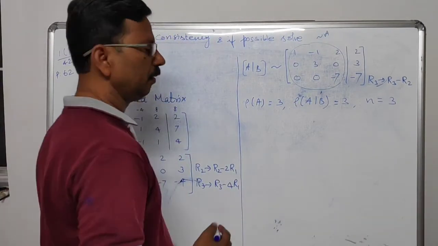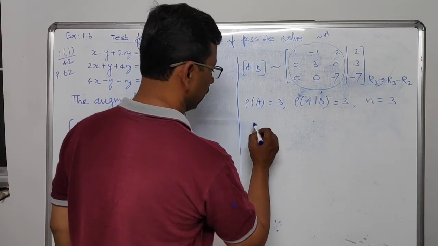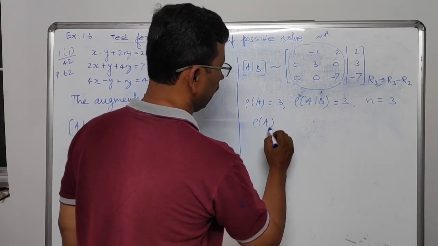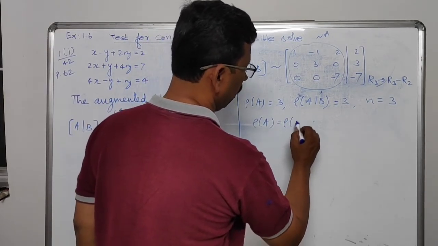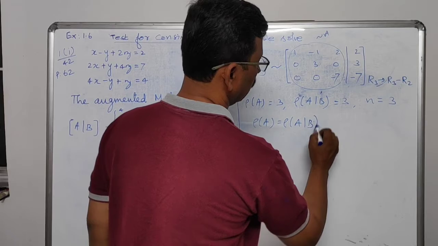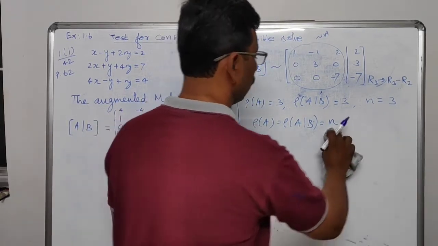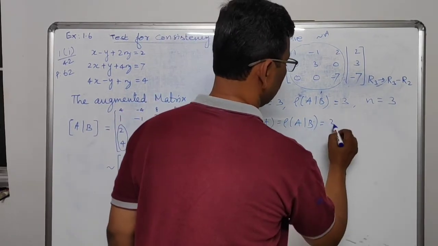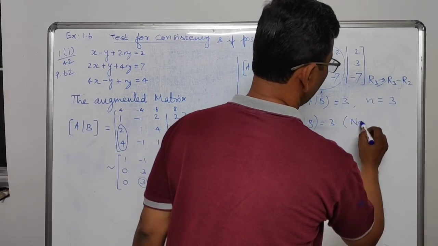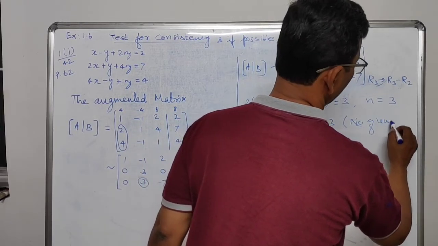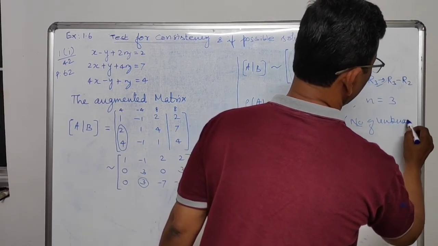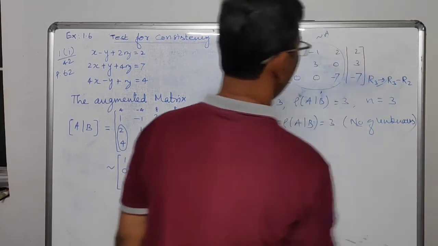Now, therefore, by the Rouche-Capelli theorem, we can say rank of A is equal to rank of AB is equal to n, or you can say equal to 3, the number of unknowns.